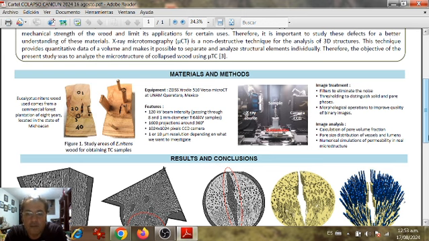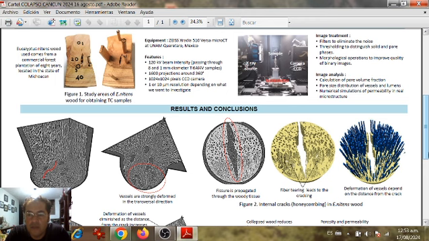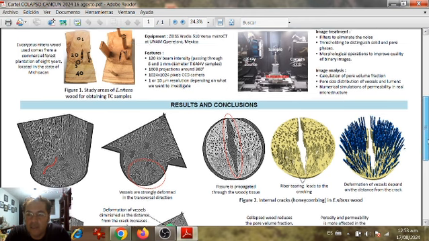Different morphological operations were used, like opening and closing, to improve the binary images. The image analysis was to calculate the pore volume fraction and the pore size distribution of vessels and lumens, and numerical simulations of permeability were run in order to determine different characteristics.